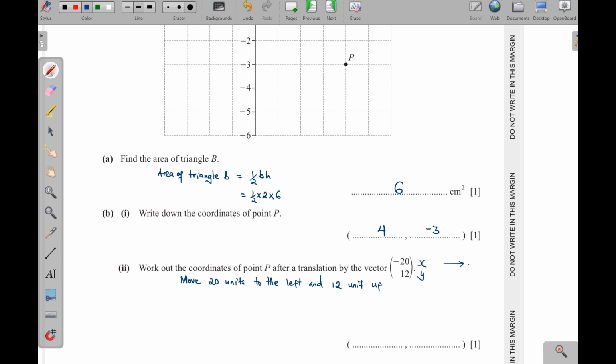X is positive when you go to the right, then it is negative when you go to the left. Y is positive when you go up, y is negative when you go down. You see that? Because this one is positive, that means we are moving up, and because this one is negative, then we are moving to the left. So you move like this, then like that.